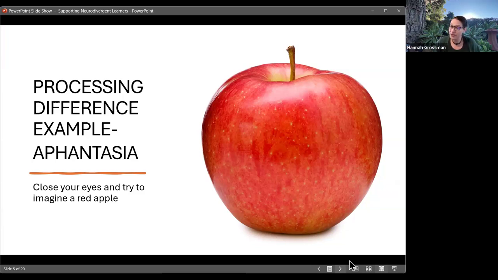Now, for those of us who do have visual processing as an aspect of our worlds, I would like us to close our eyes and try to imagine a red apple. I have a picture of a red apple on the screen, so that might help you see what a red apple would be. But I would like you to close your eyes and try to picture that.